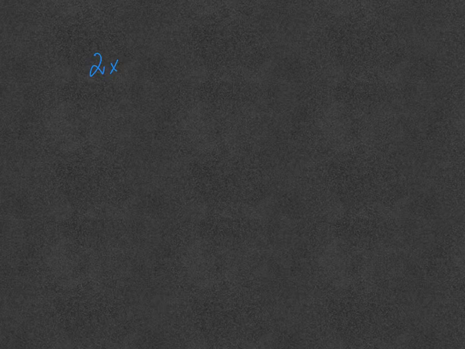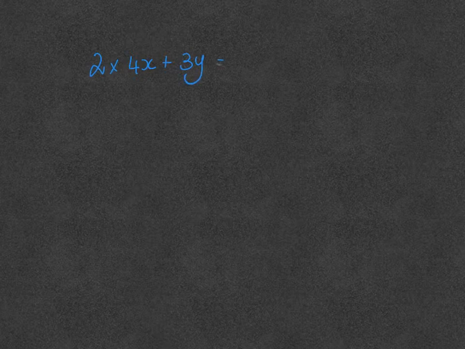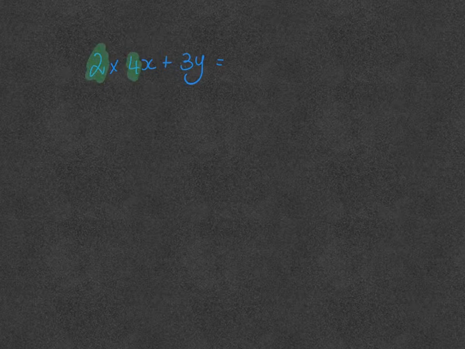Okay, so let's have another look at something slightly harder. So 2 times 4x times 3y. In this case, our commutative law tells us that we need to multiply out our real numbers first, which is the 2, 4, and the 3.